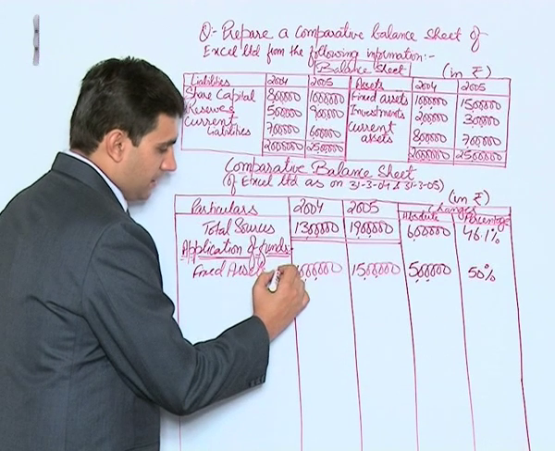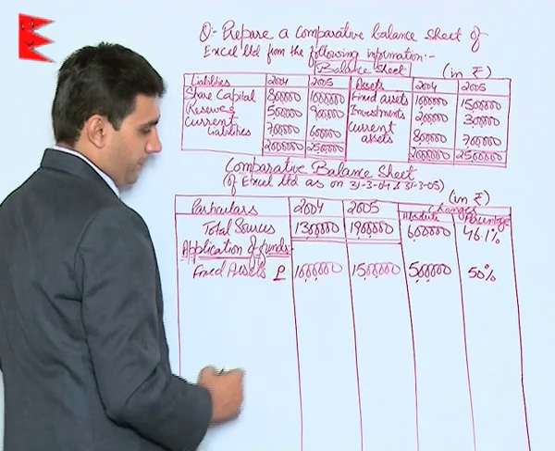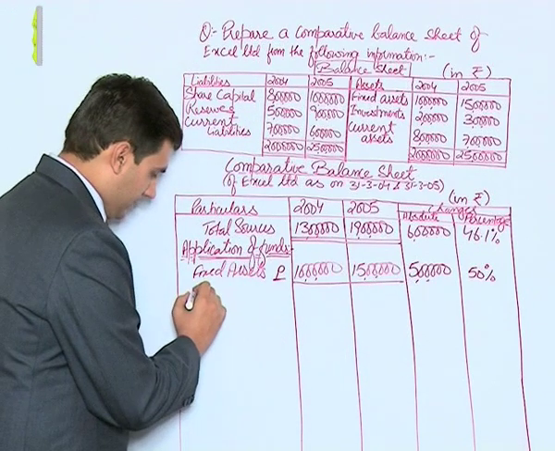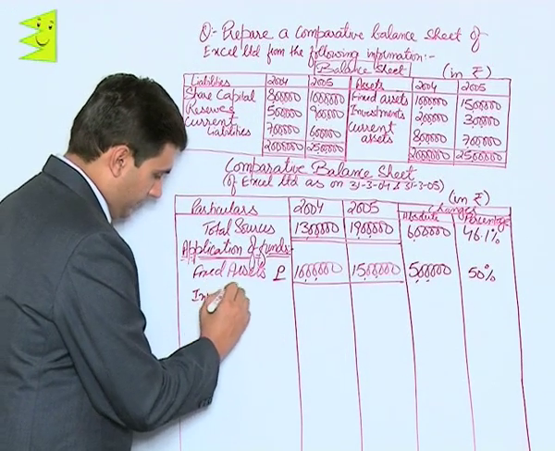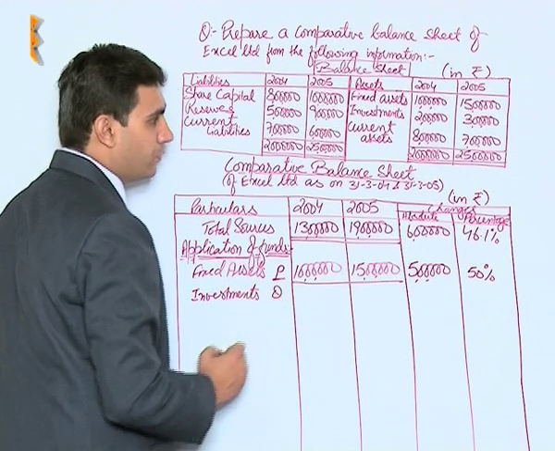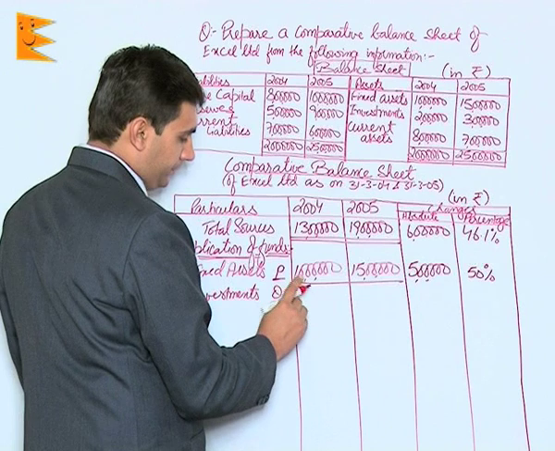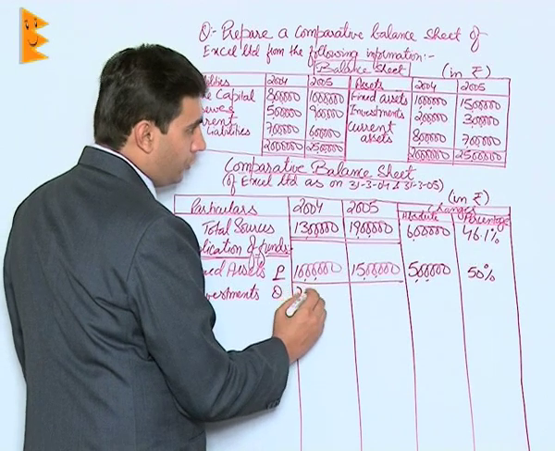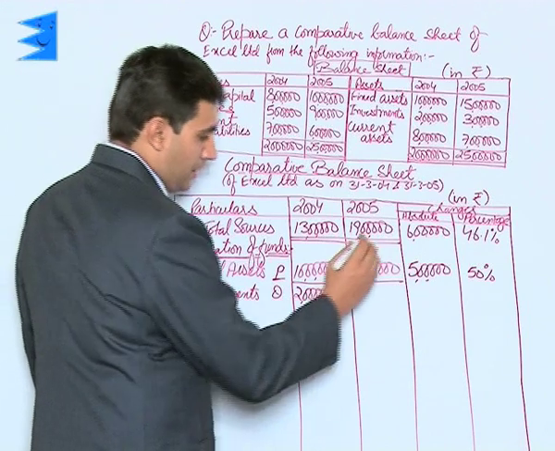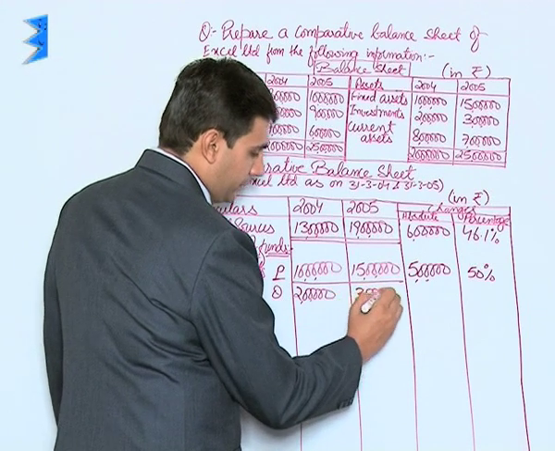Let us take it as P. Then we have investments. I'll mention it as Q. The investments are 2 lakhs and 3 lakhs for the current year.